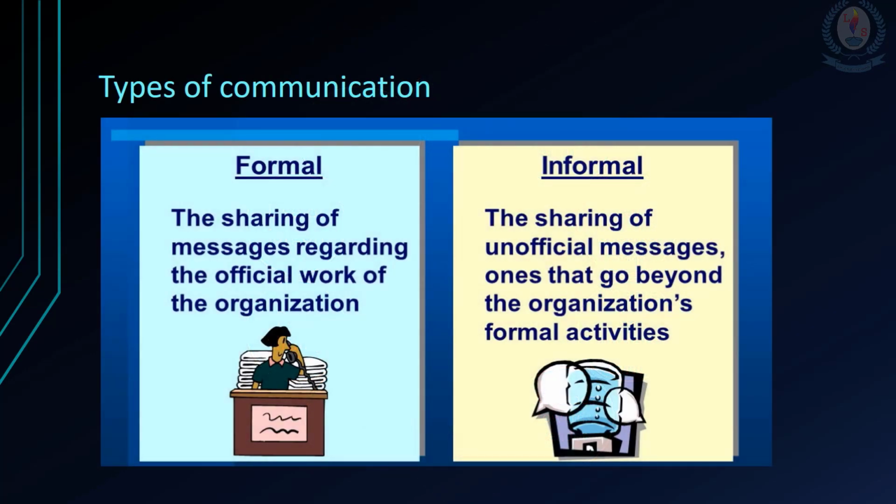Right, okay, the final part, types of communication. There we can identify two types of communication: formal communication and informal communication. Formal communication means official communication among groups of employees, created by the company. That means sharing messages regarding the official works of the organization.